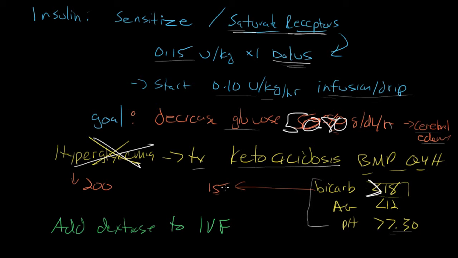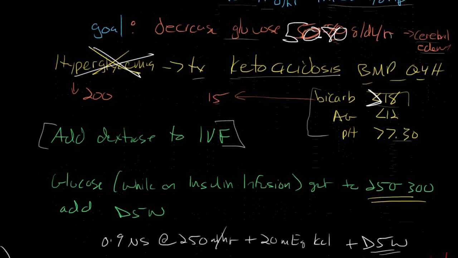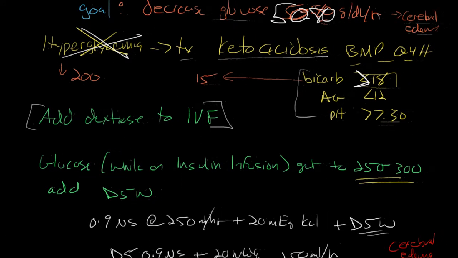Now, one thing to keep in mind is that as you're treating DKA, most of the time your sugars will get down to the 200s, but your acidosis will not have resolved. And it's very important to recognize that period when you need to add dextrose to your IV fluids so that you can still reverse your acidosis without making your patients hypoglycemic. And that point usually happens when your glucose on your insulin infusion drops to about the 250-300 range.